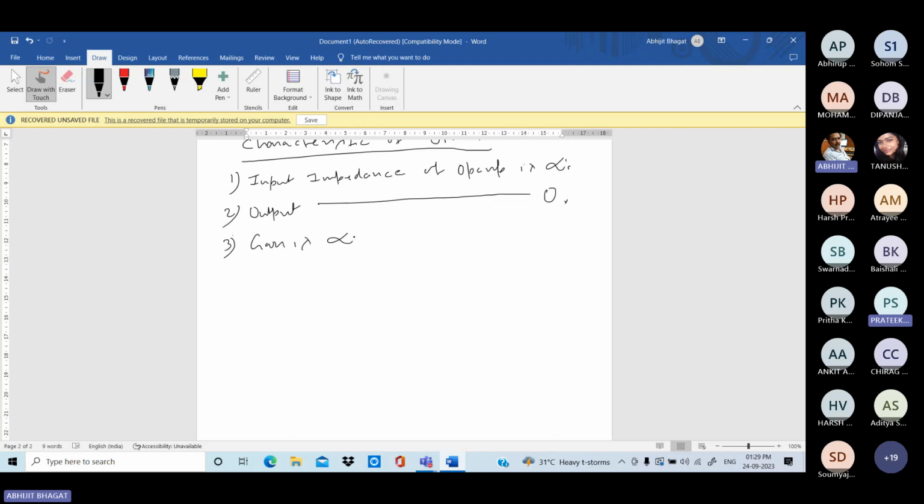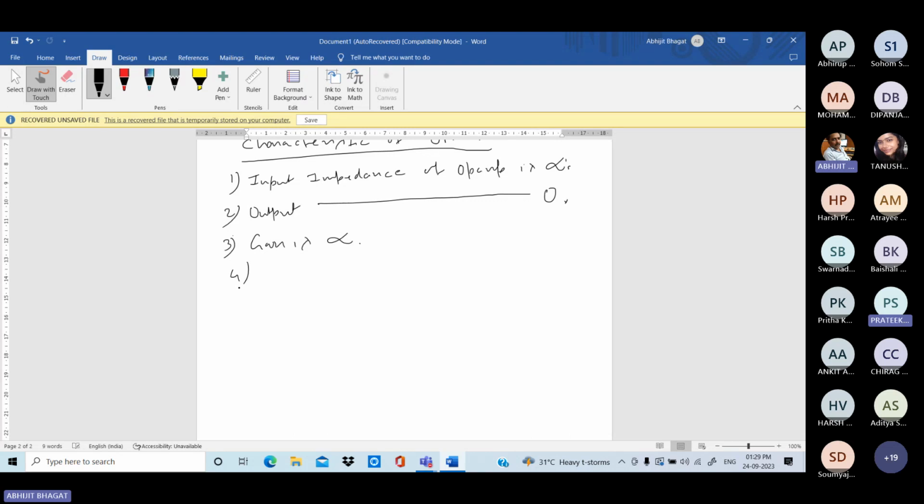Ideally the gain of the OPAMP is infinite, but in the practical case, our target is ideal, but we are not getting the infinite thing. We are getting the gain, input impedance or output values in a physical value, maybe high, maybe low, but not infinite. So practically the gain is a very high value.